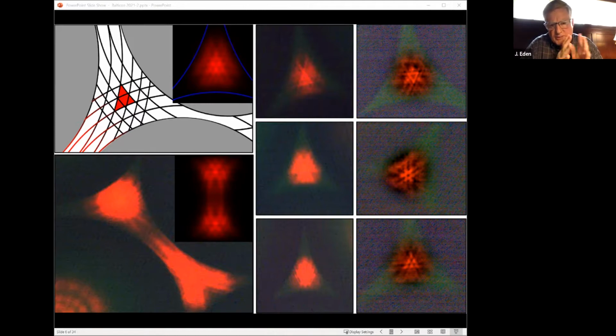Okay, well, these are interesting. And by the way, the insets shown on the two panels at left are calculations of what the modes should look like. And indeed, they do. So let's go to the next slide, please.